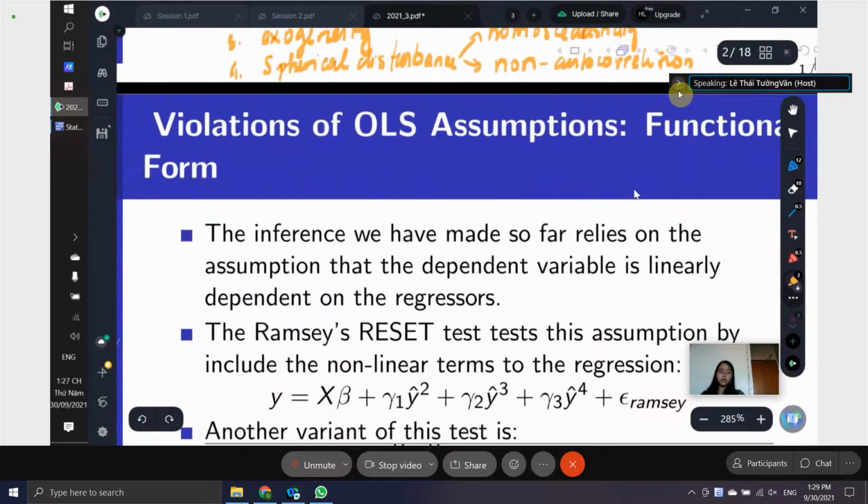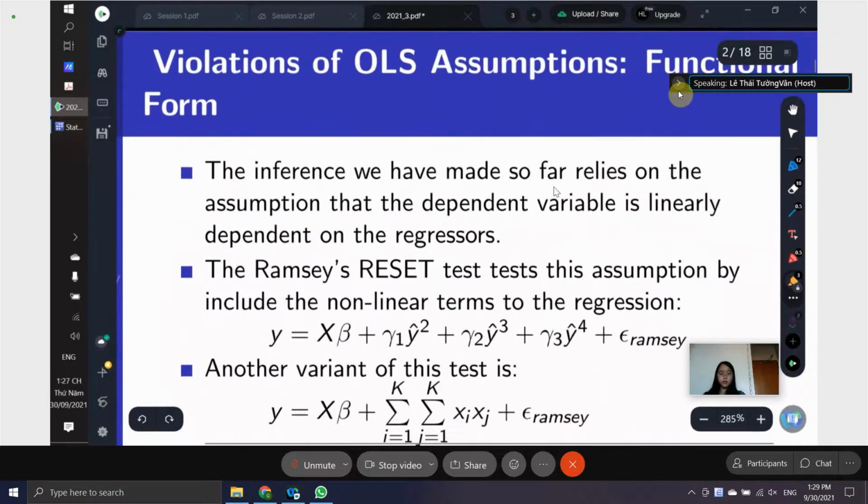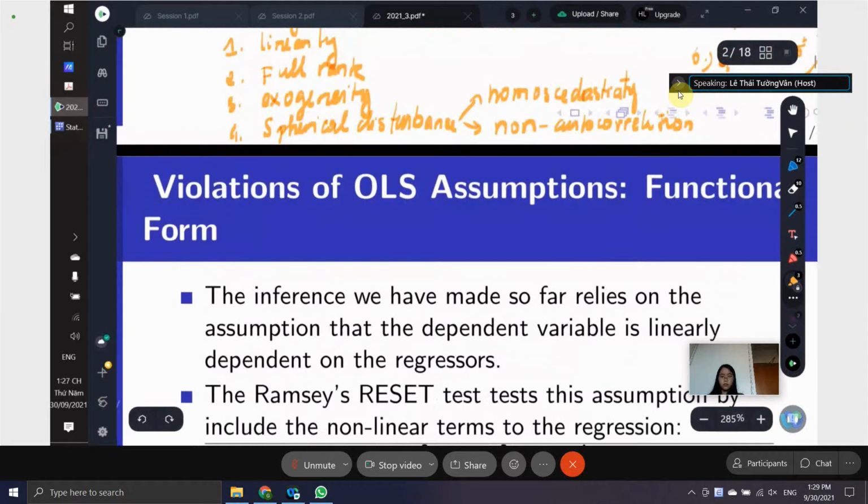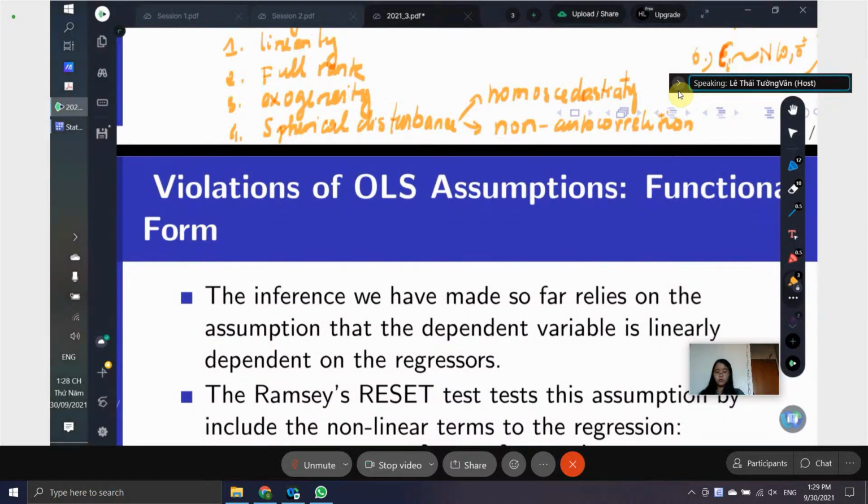What happens if the relationship between the variables in practice or in reality is not linear?